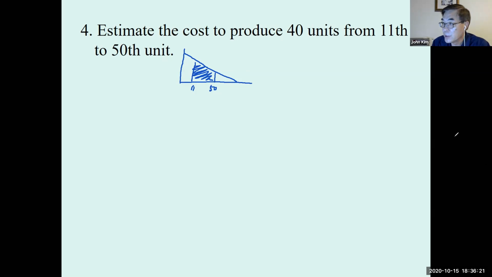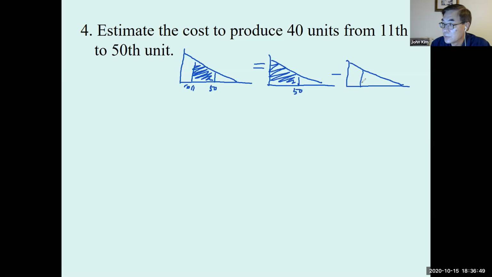So this one equals up to 50 minus, because we need from 11, so we should subtract up to 10.